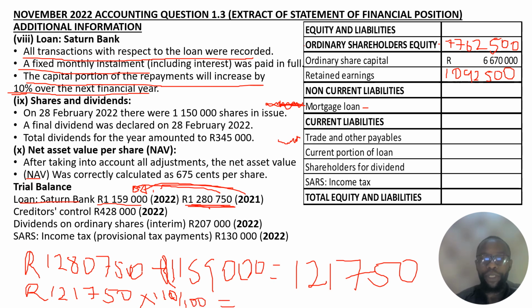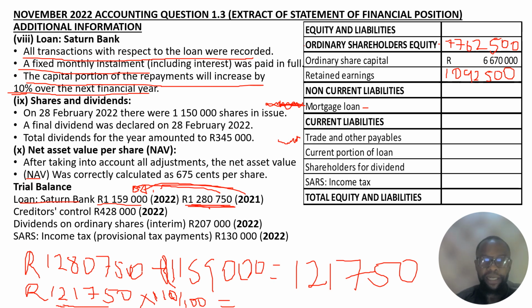The other way you can do it, you can calculate 10% of this first, and then you add it back to this amount. But the shortest way, you say 110, because this amount is already 100. You add that 10% divided by 100, or you can say 1.1. So multiplied by 1.1.